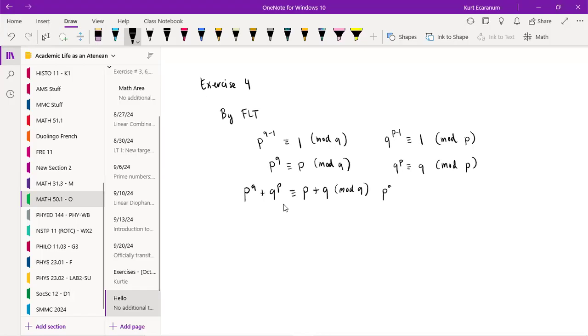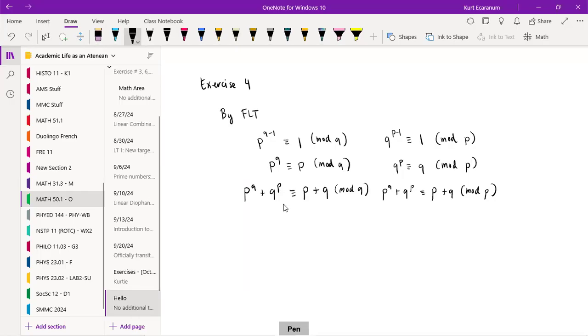I can add p to the q here. And then p naman sa right side. And okay, everything is the same, the left and the right. Ano na lang ang natitira?